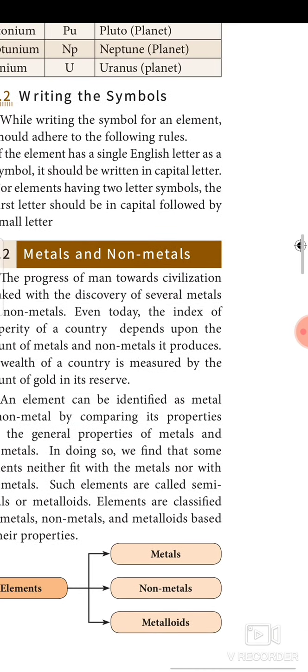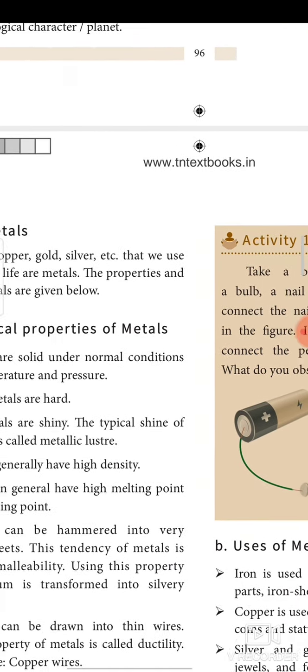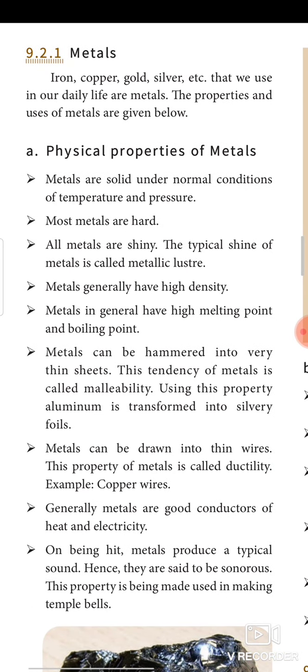First we are going to see the properties of metals. Let's know the examples of metals: iron, copper, gold, silver, etc. These are all the metals that we use in our daily life. Now let's know the physical properties of metals. In chemistry, you have to know both physical as well as chemical properties.